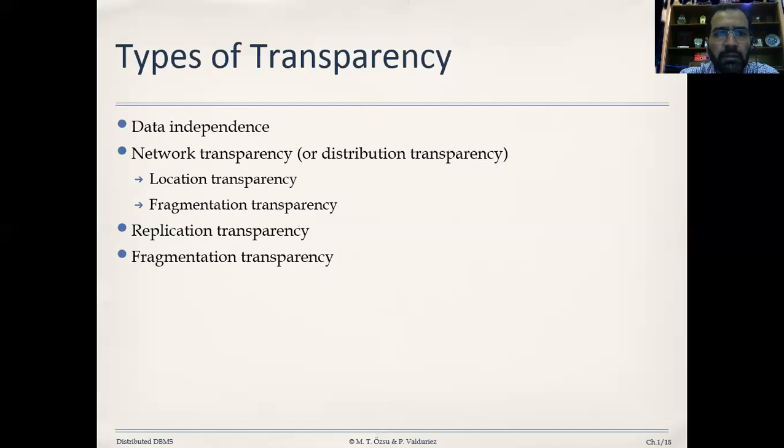So the first concept is regarding data independence, which is a very important concept for the relational database environment, that we have to provide data independence as we did when we were making simple client server applications keeping the relational database in view.